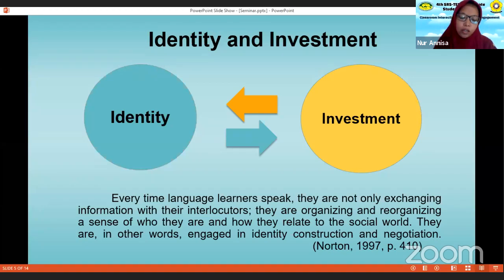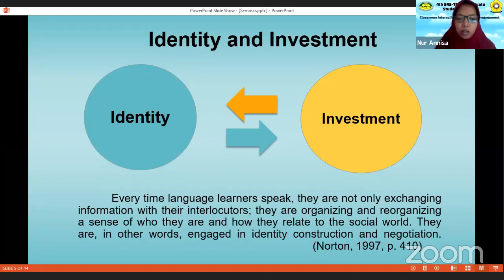If learners invest in language, they also invest in their identity. How can it be? Norton said that every time language learners speak, they are not only exchanging information with their interlocutors, they are organizing and reorganizing a sense of who they are and how they relate to the social world.